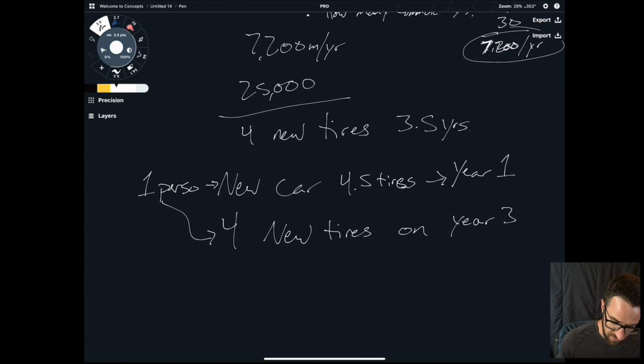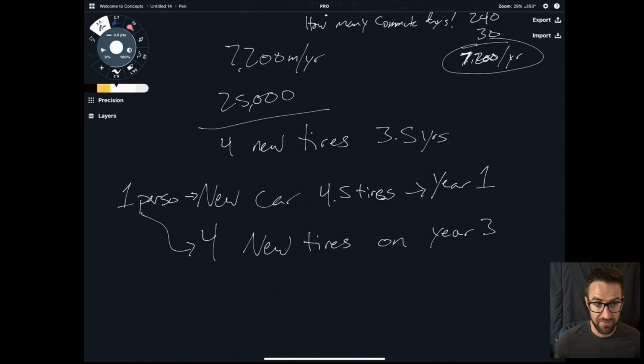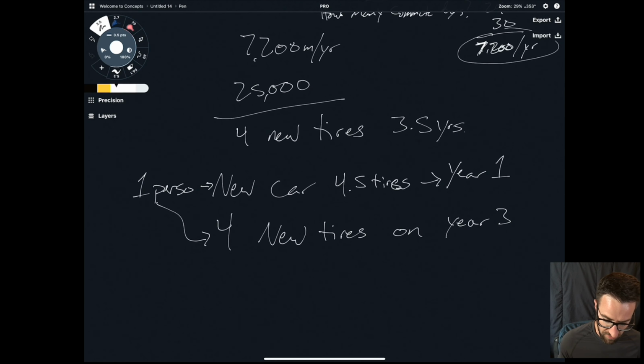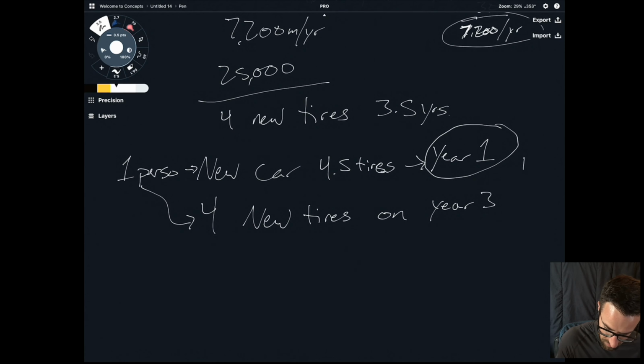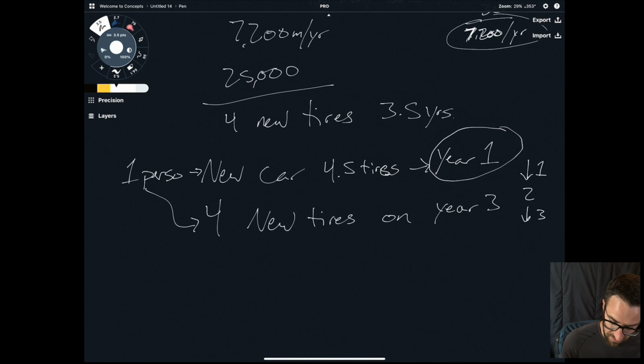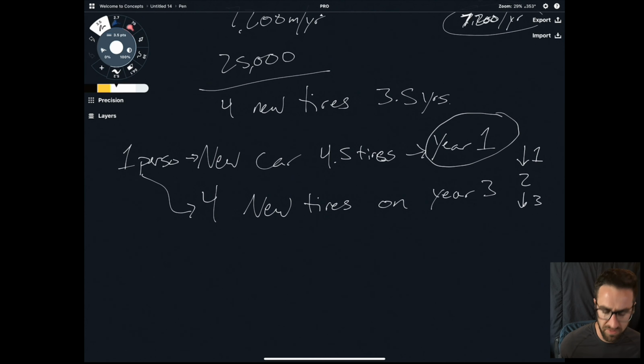Okay, so we're going to have to do some averages here. So the first year, and then you go 1 year gets you to year 2, another full year gets you to year 3, and then half a year. So it's 2.5. Well, no, it's 3.5 years.